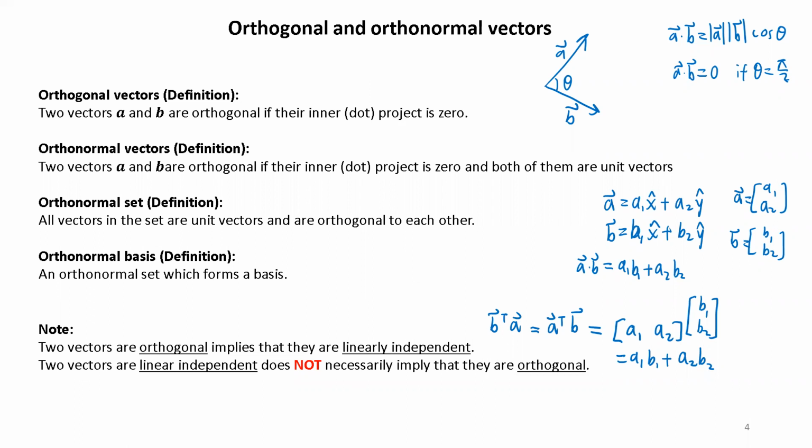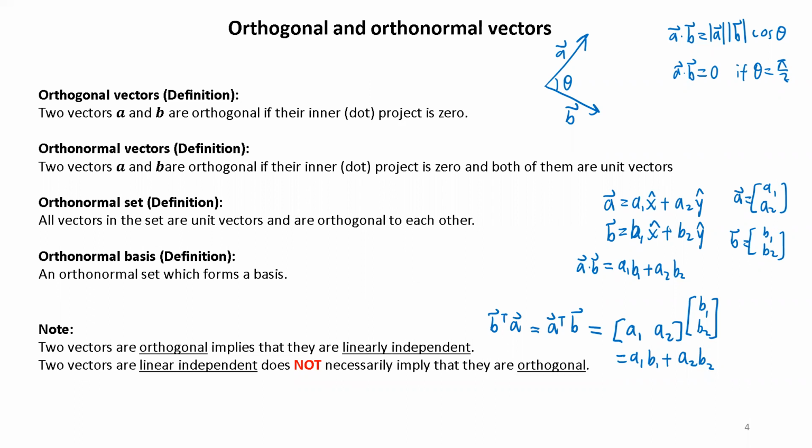Normal comes from normalization, so you make the length equal to 1. That's how normal comes into this word, orthonormal.